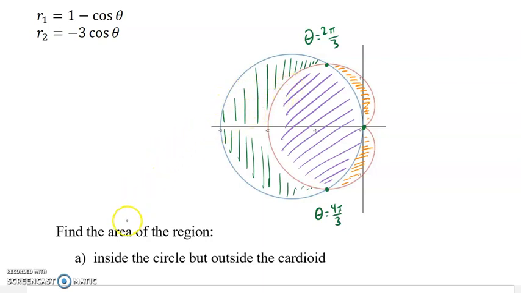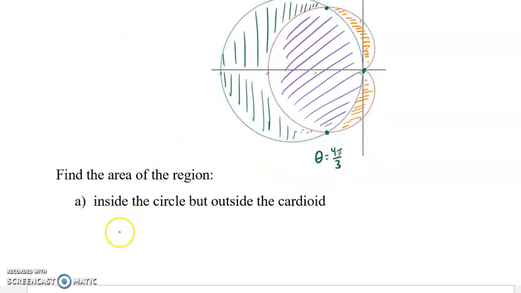So if we integrate 1/2 the integral from 2 pi over 3 to pi of just the circle, then we're going to find almost all of the circle, right?